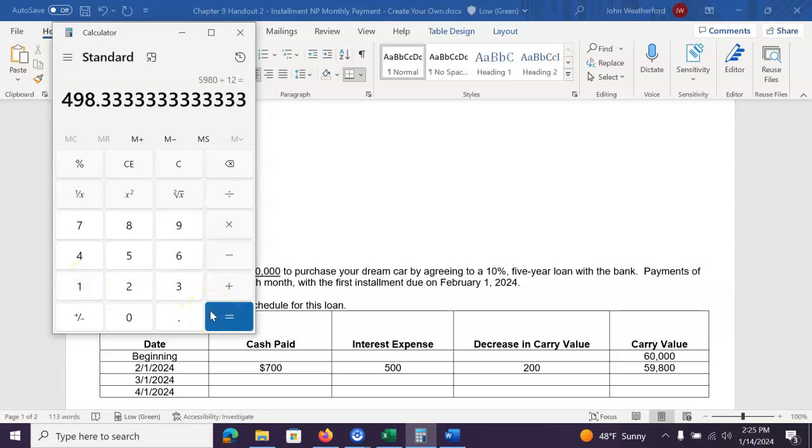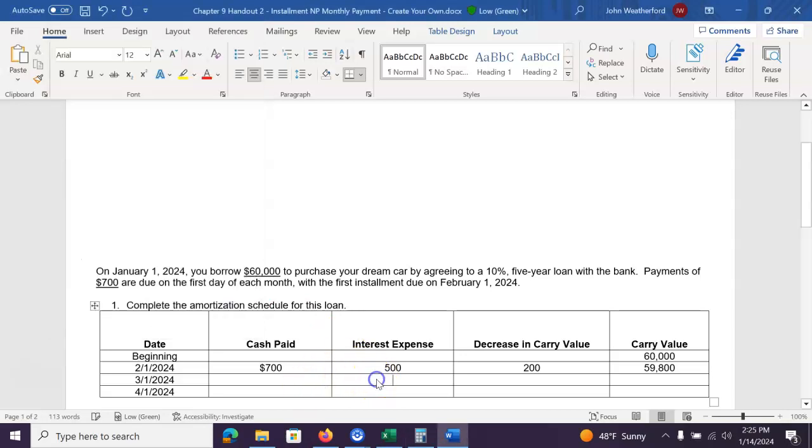So interest for 1 month is $498 now. The payment is still our $700. So we got what, $202 coming off the balance here. So that gets us down to $59,598.